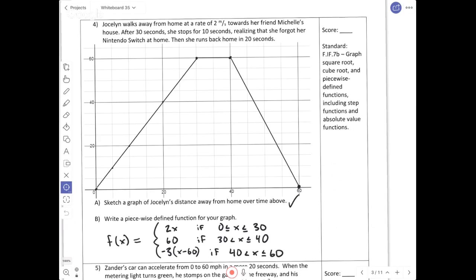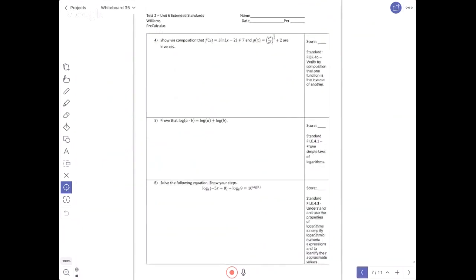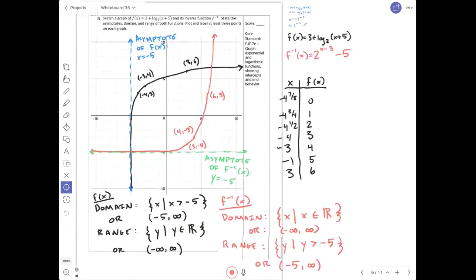Should I do a little with average rate of change? Claudia's all set. Let's do an average rate of change problem with, how about an exponential function? That looks kind of cool.